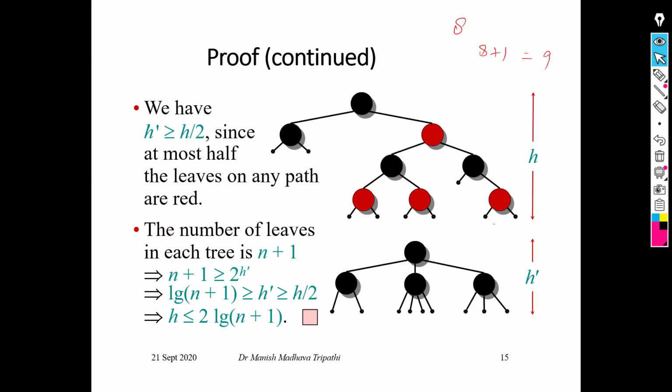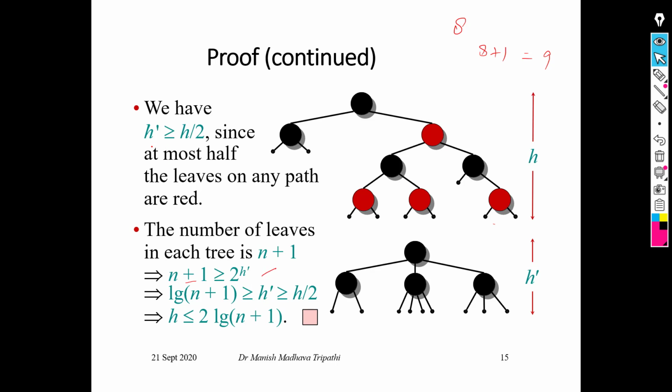The number of leaves in each tree is n plus 1, and this n plus 1 will be greater than or equal to 2 power h dash, because of the property of a tree. We take log on both sides, and log of n plus 1 is greater than or equal to log of 2 power h dash, which results in h dash only.